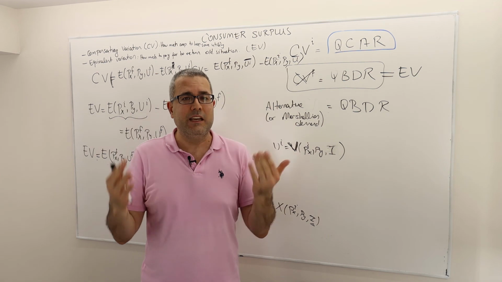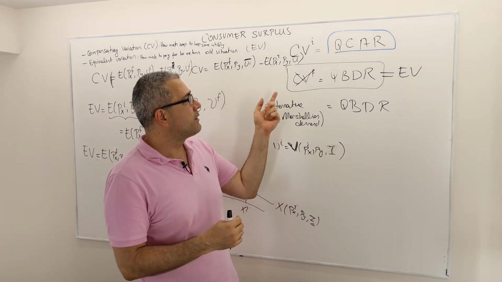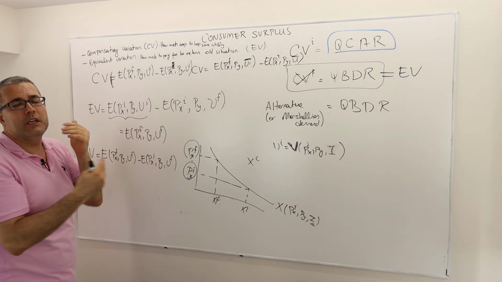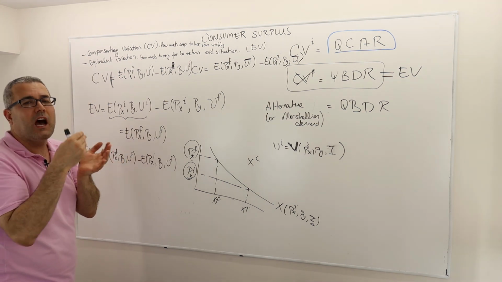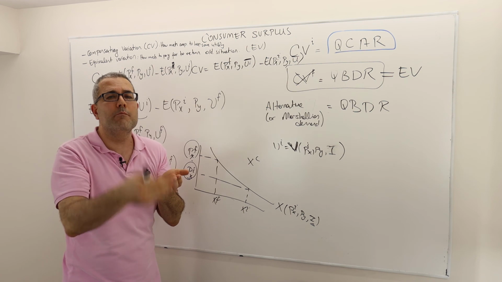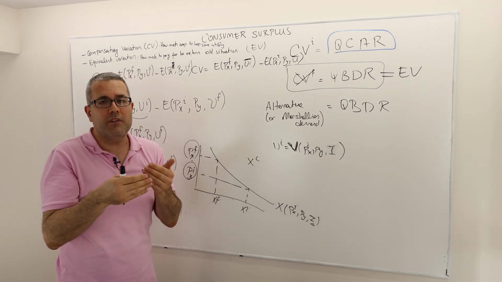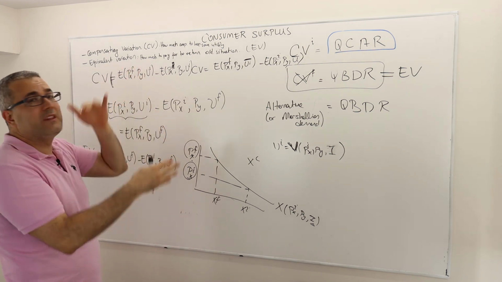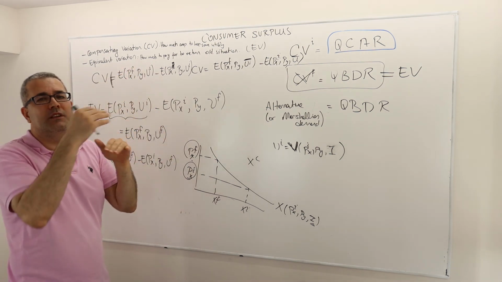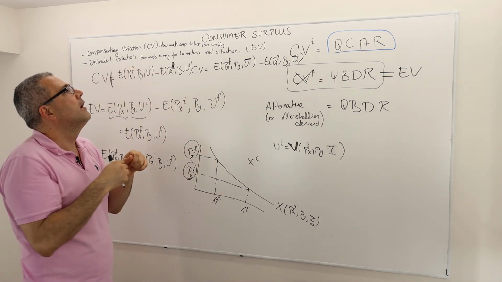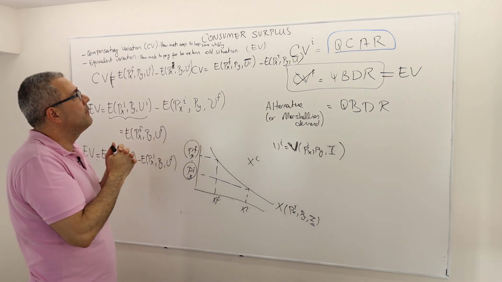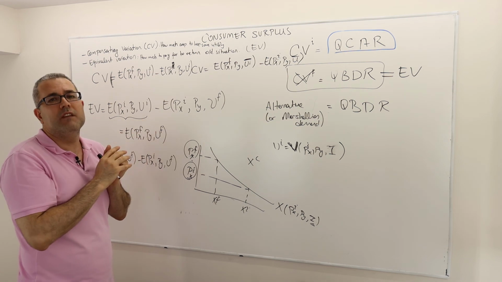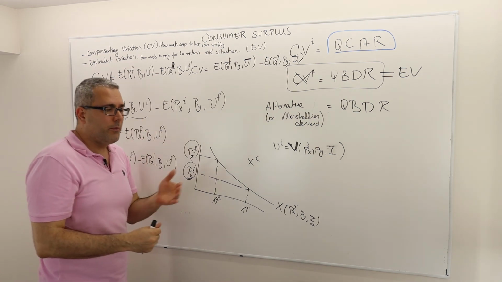The idea of consumer surplus comes from these two terms, compensating variation or equivalent variation. Basically, how much should we compensate this guy so that we keep his utility level fixed, or put differently, how much this consumer is willing to pay, or how much we can tax him, so that he can return to the old situation, the EV.